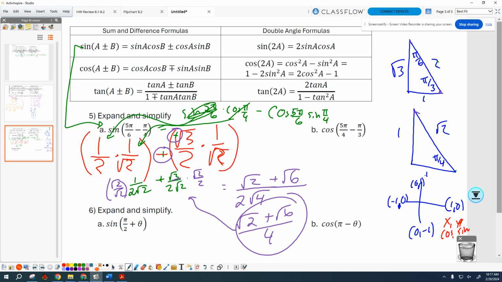If I wanted sine of pi over 6, from the perspective of pi over 6, opposite is 1, hypotenuse is 2. So all the sine of 11 pi over 6, 7 pi over 6, 19 pi over 6, they're all going to be some kind of 1/2. And then I need to think about whether that is positive or negative in the quadrant where sine is. I usually find the quadrant first.